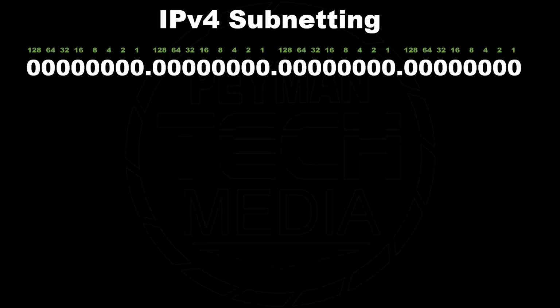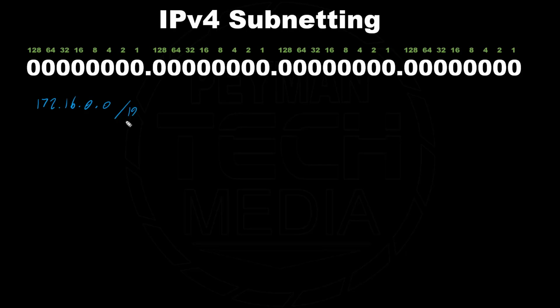So to quickly recap, subnetting is basically breaking a large network into smaller subnetworks. For example, when we have the IP address 172.16.0.0 with the CIDR notation /19, we know this is a class B IP address and this is not a default subnet mask.